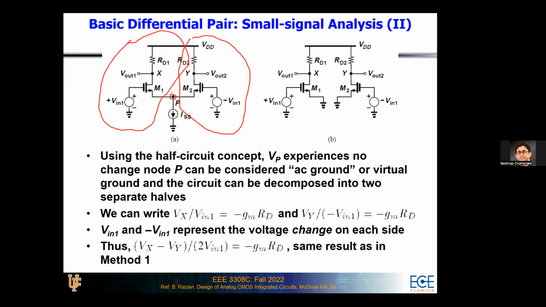This point P is an AC ground because if you have a sine wave at the gate of the M1 transistor, at point P, this part of the system works as a source follower, right? If you apply a signal at the gate and you're looking at the signal at the source, you'll see a source follower type operation.